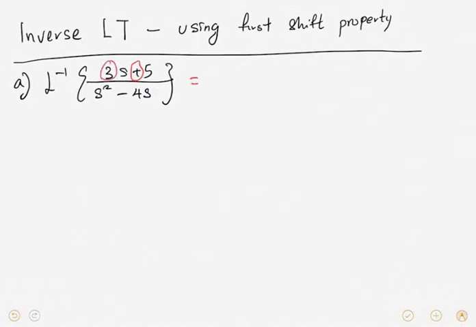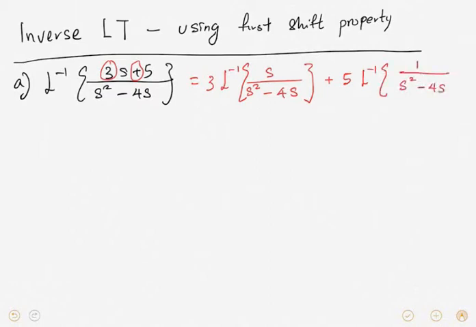The constant here is a 3, so 3 inverse Laplace of s over s squared minus 4s, and another one is plus 5, again a constant, so we can take it out, and we are left with 1 over s squared minus 4s.